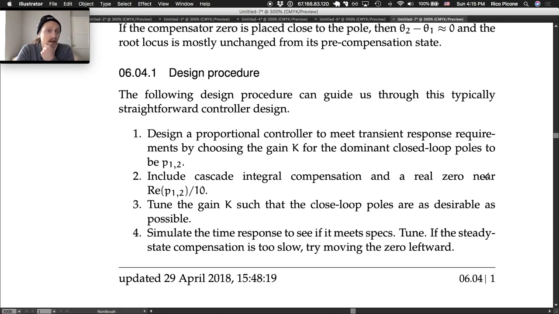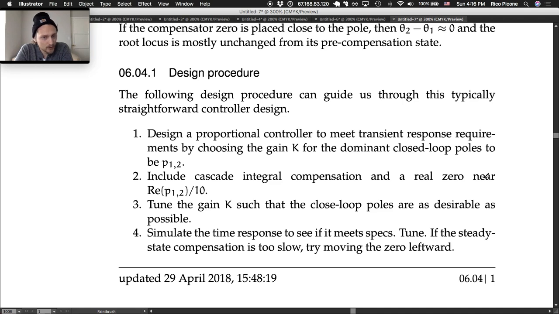So once you've got that met with just a proportional controller, then we want to also say this is a system that has some steady-state error beyond what we want. So say it's a finite steady-state error for a step response, and we would like to compensate that by adding an integrator that reduces the steady-state error to 0.